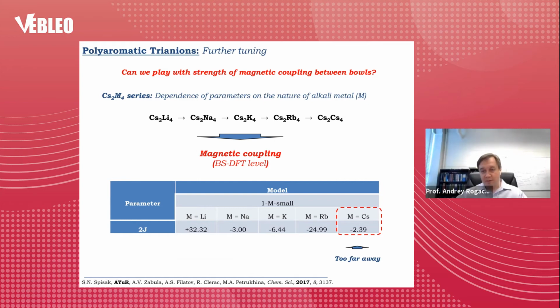Because it's too far away. And if we want to optimize antiferromagnetic coupling between two balls, rubidium would be the optimal, right? That's the case when we maximize our antiferromagnetic coupling between two balls. So we see how we can finally tune the magnetic coupling, which is a very sensitive parameter, between two balls by simply changing alkali metals. That is very interesting and unusual.